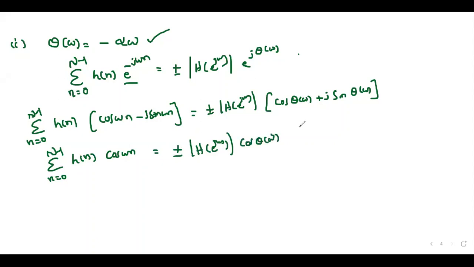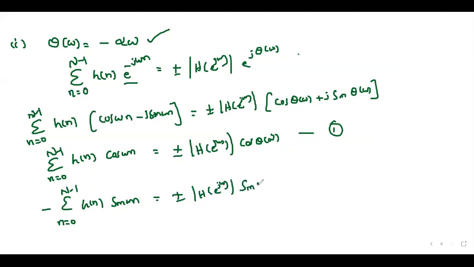Okay, this is the first equation. And similarly we compare the imaginary parts, both sides. Then this is minus summation n is equal to 0 to N minus 1, h of n into sine omega n is equal to plus or minus mod H of e power j omega into sine theta of omega. This is the second equation.